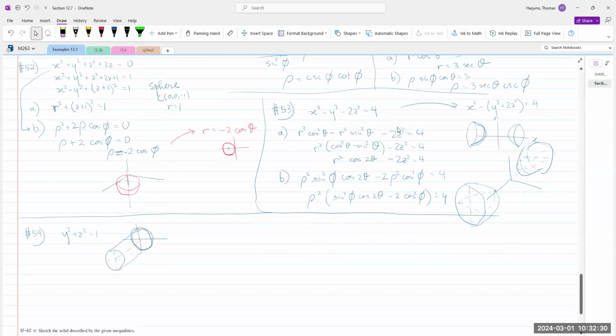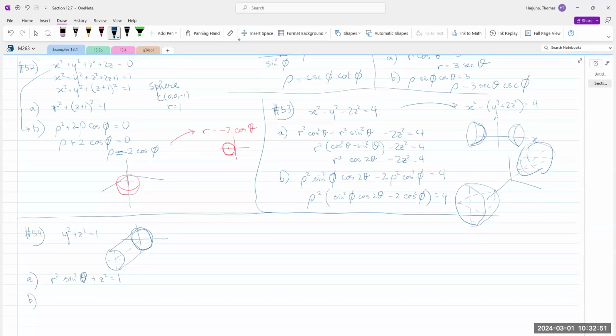Now the thing is, what will that be in the cylindrical coordinate system? The y is r sine theta, so r squared sine squared theta plus z squared equals 1. We just leave it like that.